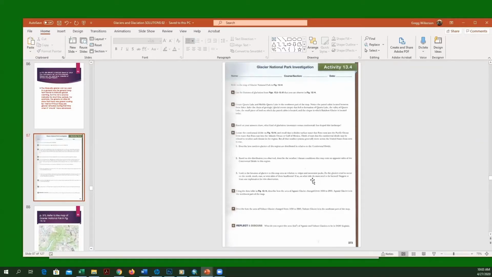Going over to Glacier National Park, we have an exercise where we're going to study the glaciers up there.